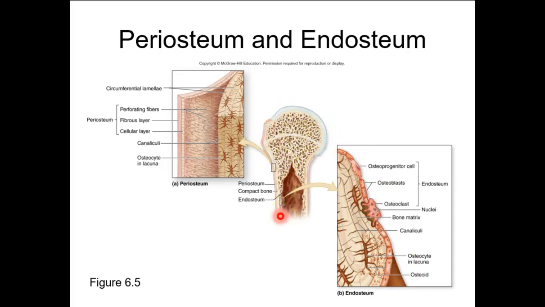Things are going to attach to the periosteum, not directly to the bone. You're going to have tendons and ligaments connecting muscle to bone and bone to bone respectively, and they're not going to attach directly to the bone, they're going to attach to the periosteum. And then that periosteum will be attached to the bone via some perforating fibers.